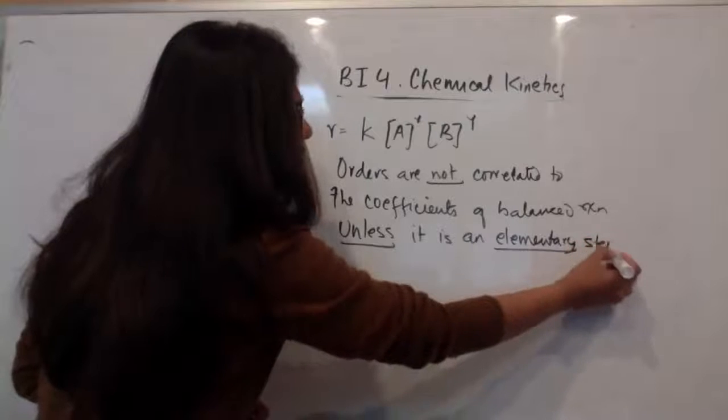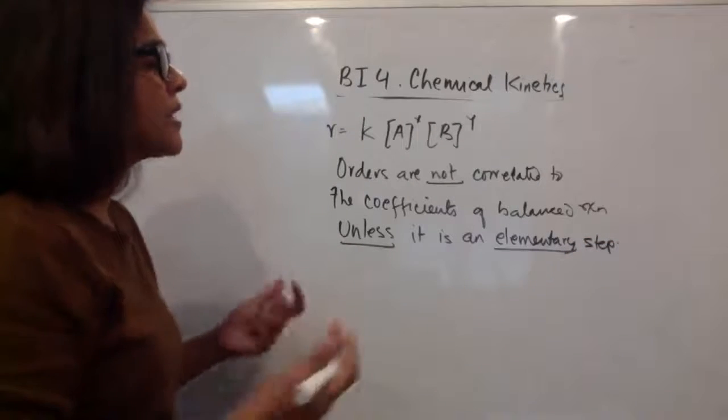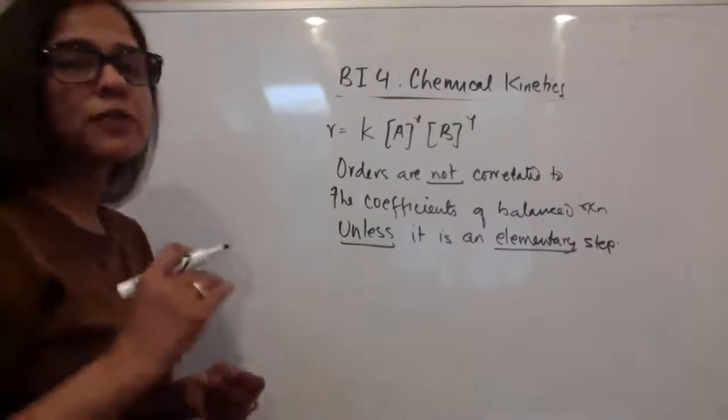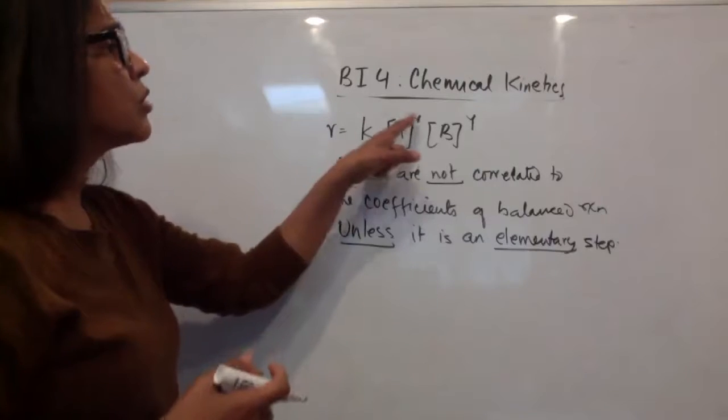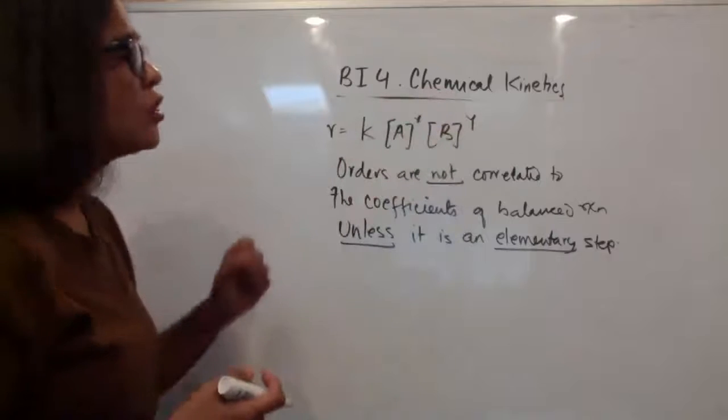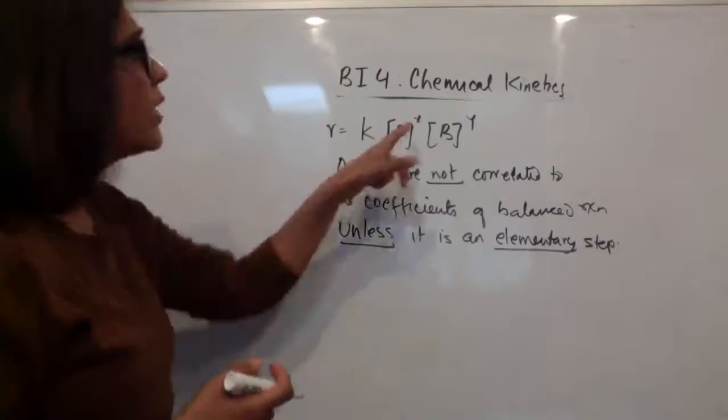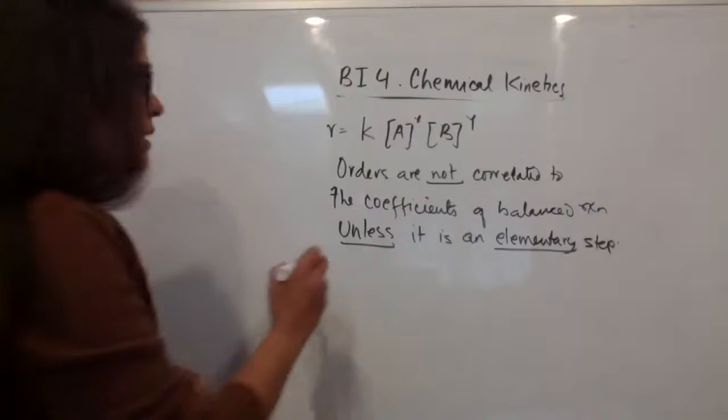If it is an elementary step, then the coefficients represent the order of reaction, but if it is not an elementary step, if it is the overall reaction, then there is no correlation of order to the coefficient. The way you figure out order is through experimentation.